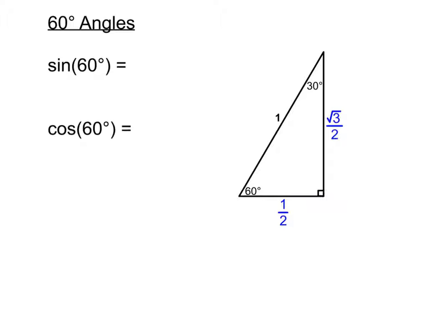Okay, what would my y value be? It's how far we go up, right? So it's got to be the root 3 over 2. And cosine, that's like my x value. And so if that's like my x value, that's how far I go over. And so then the cosine of 60 must be 1/2, because that's how far we go over. Make sure to have these in your notes.